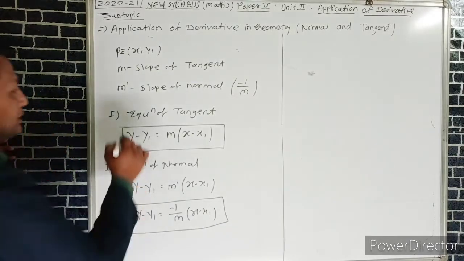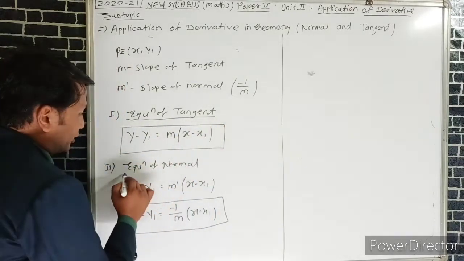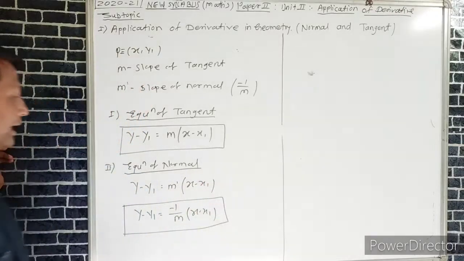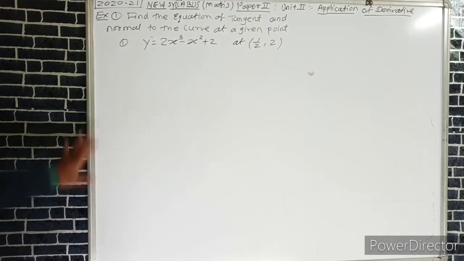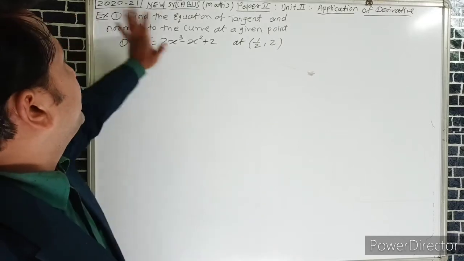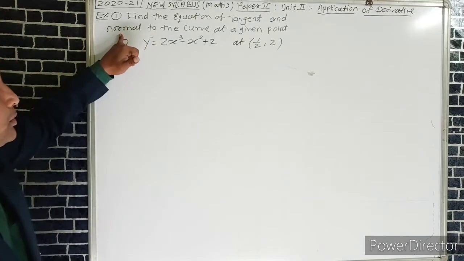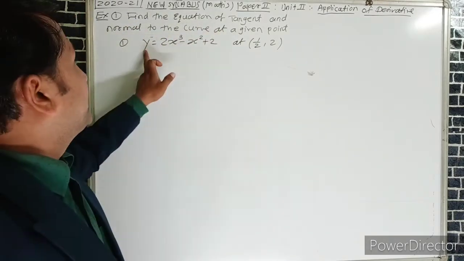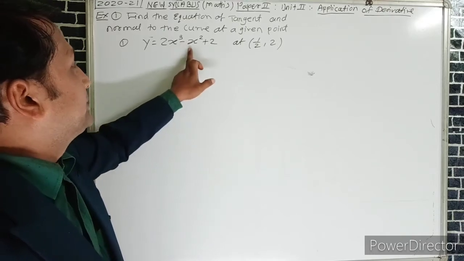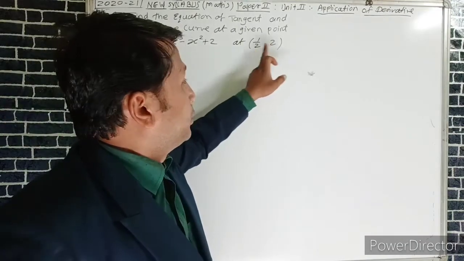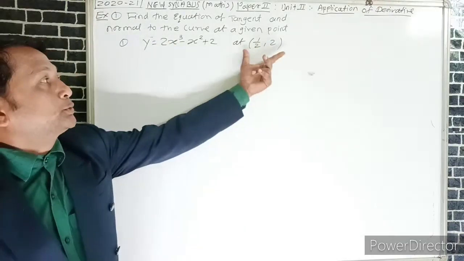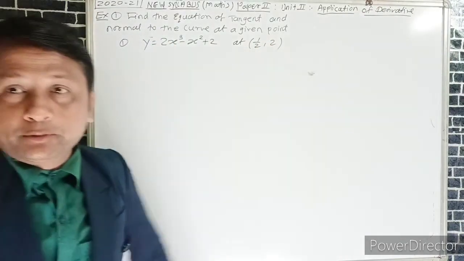By using this equation of tangent and equation of normal, we can find the equation of tangent and normal as follows. Example number one: find the equation of tangent and equation of normal to the curve y equals 2x cube minus x square plus 2 at the point (1, 2).